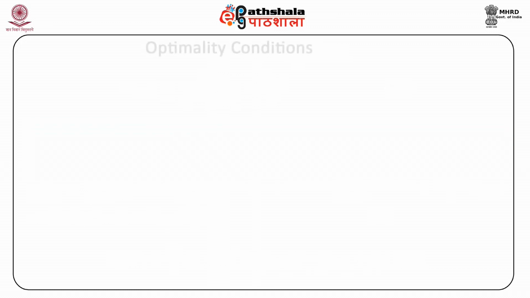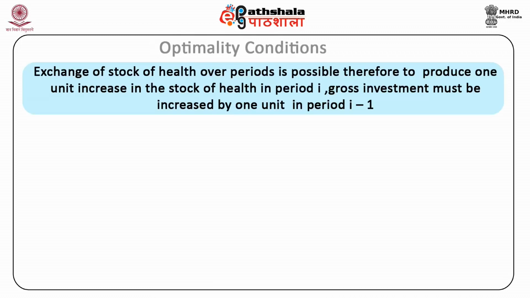The important observations from the above results are: exchange of stock of health over periods is possible. Therefore, to produce 1 unit increase in the stock of health in period i, gross investment must be increased by 1 unit in period i minus 1.